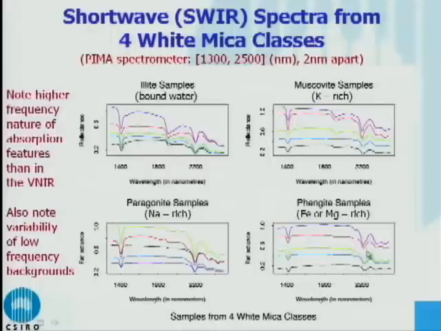And basically, that slight shift in the position of the feature is indicating substitutions between potassium, sodium, and either iron or magnesium. So just by subtle changes in position and sometimes in shape, you can actually detect substitutions. If I showed you the formulae for these things, they're quite complex, okay? And they're geological names rather than chemical names.